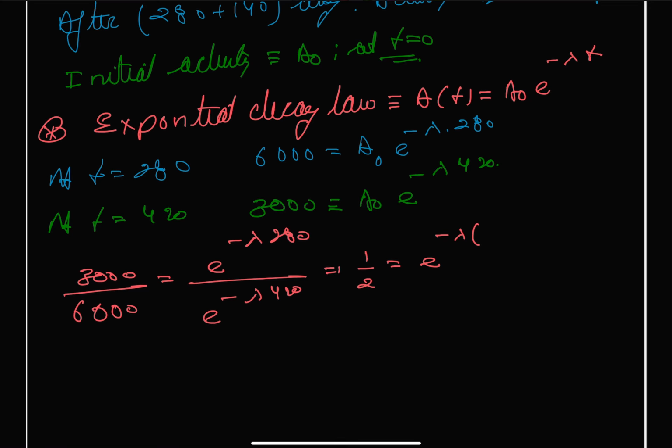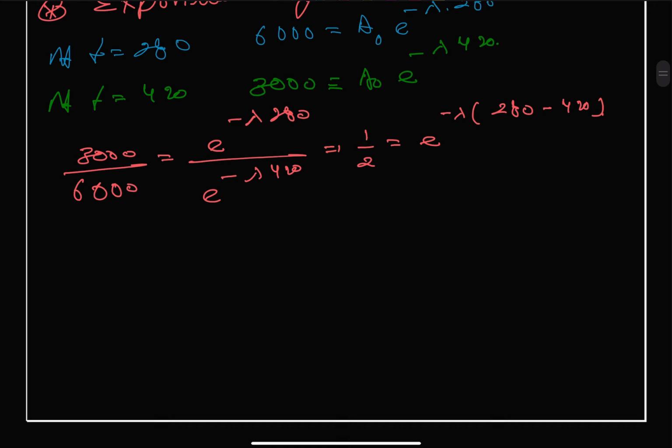Let us take this, minus lambda times 280, and this will be minus of 420, and this gives us 1 by 2 equal to e raised to power minus lambda 140.